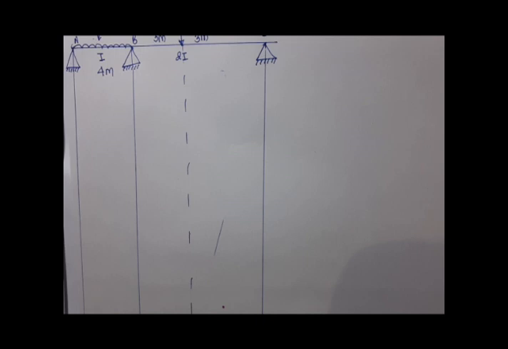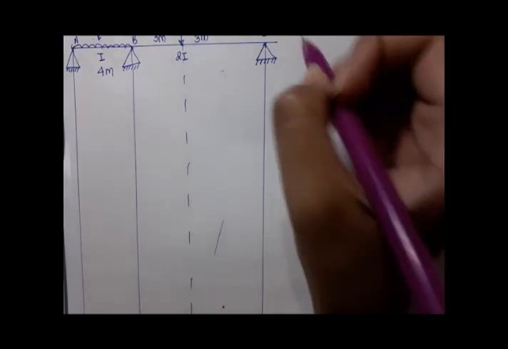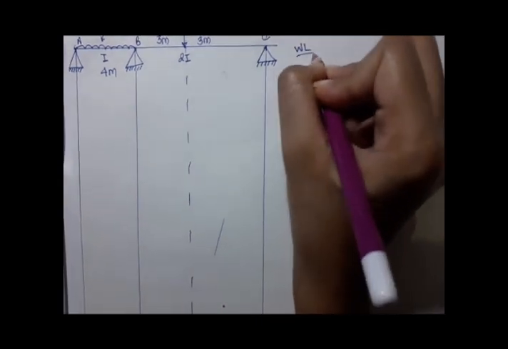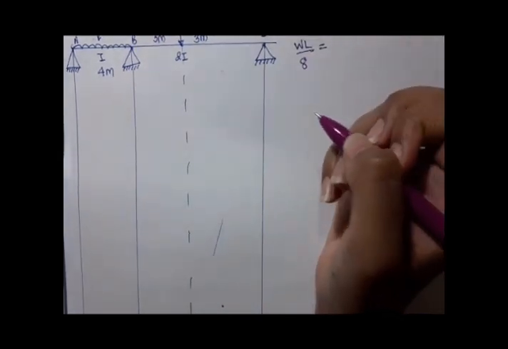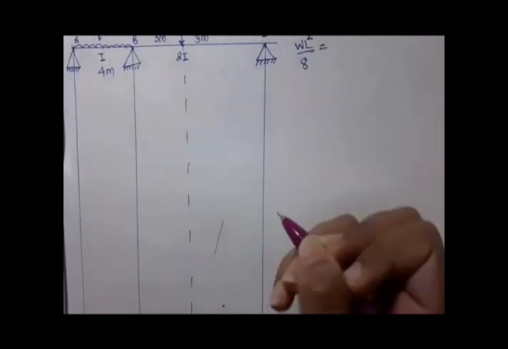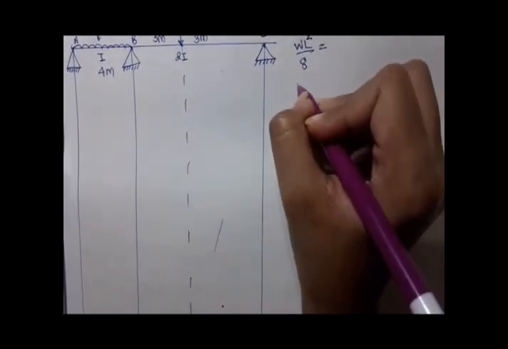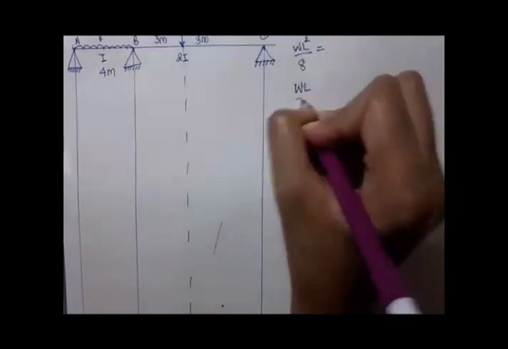As it is symmetrical, we would be going with the formula WL square by 8 for the uniformly distributed load, and for point load we would be going by WL by 4.